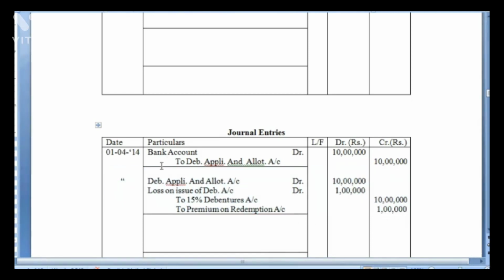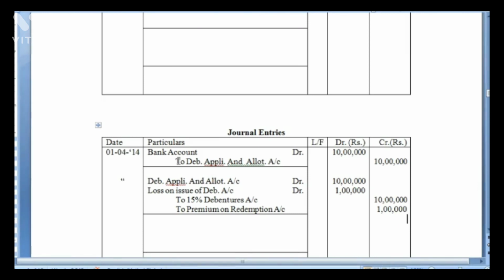So these are the two journal entries at the time of issue of debenture on 1/4/2014. And these things we have already discussed in our previous topic, issue of debenture.